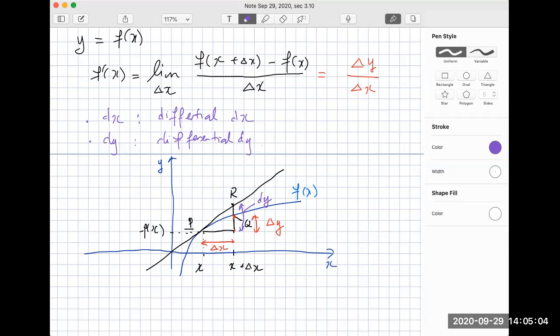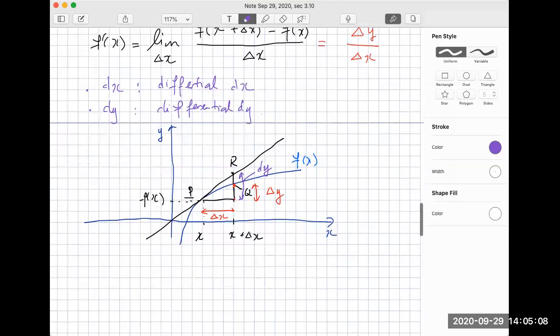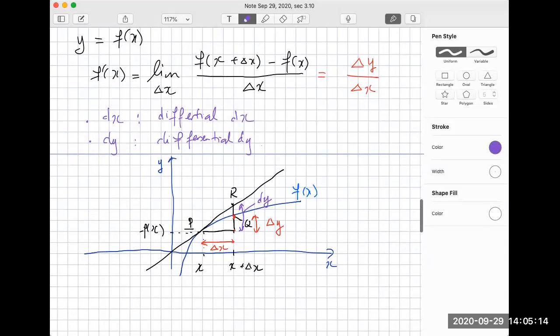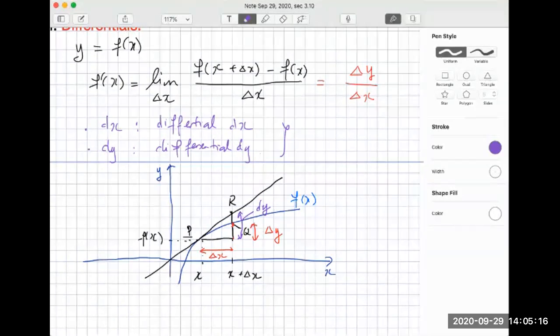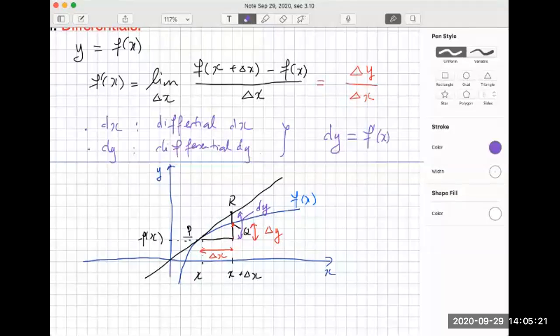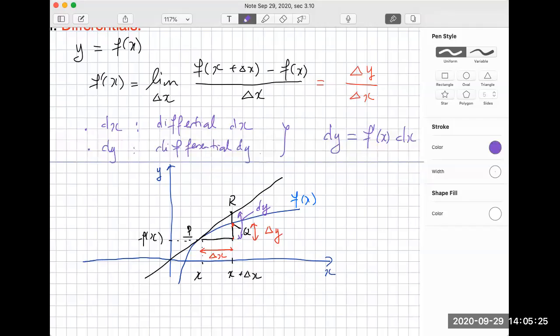So we see that dy depends on, okay. And we write, since this is a linear line, we have the relation that dy will be f prime at this point times dx, right?